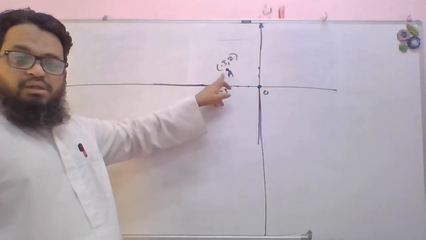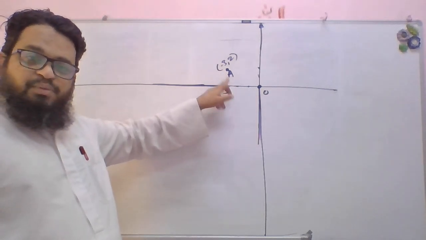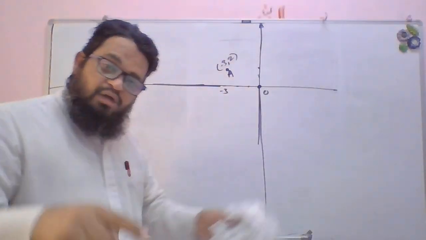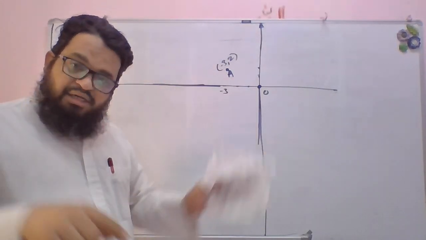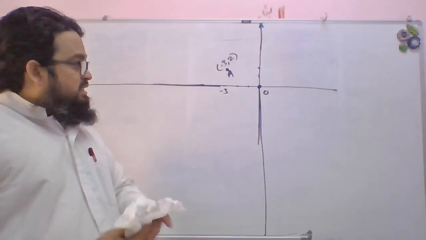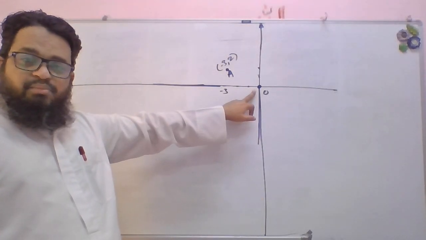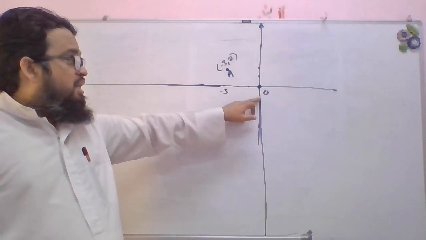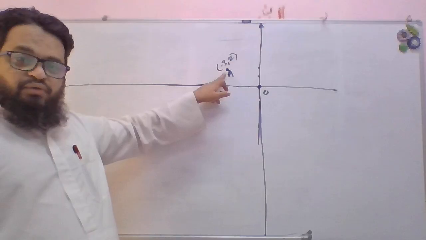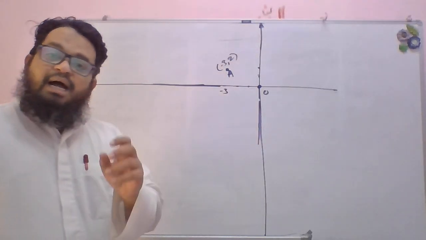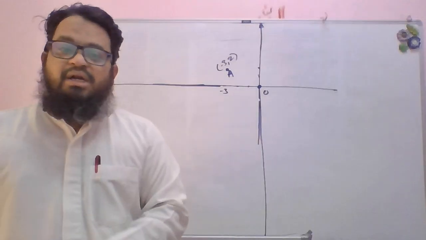Even if you increase the border to Asia, Central Asia, the whole of the world or the whole of the universe, since we measured it with respect to the origin, which we did not change, the coordinates of our school, minus 5 comma 3, will never change. It is practical and it is convenient.